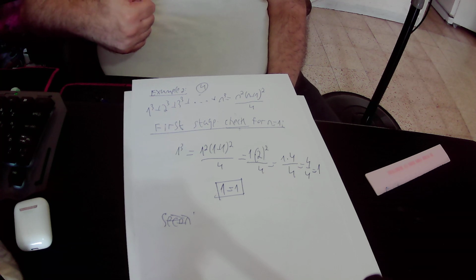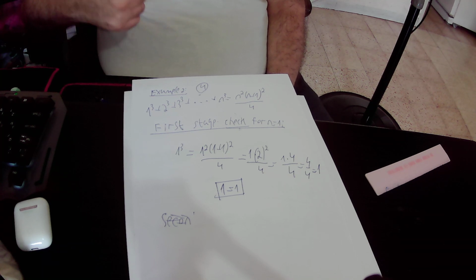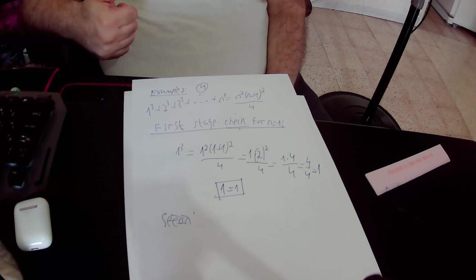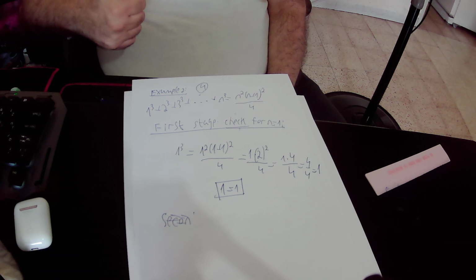Because we proved that if it is true for n, it must be true for n plus 1. So if it is true for n that equals 1, it must be true for 2, for n that equals 1 plus 1, that is 2.